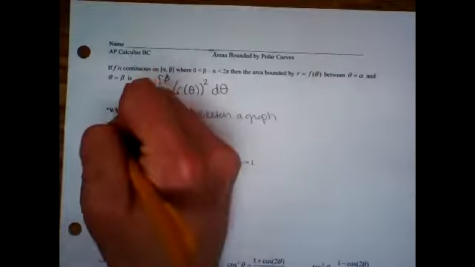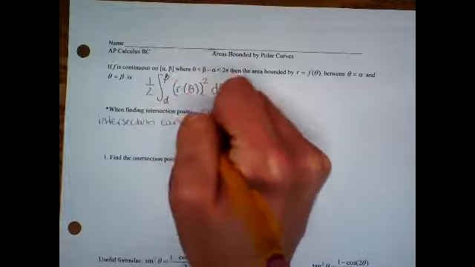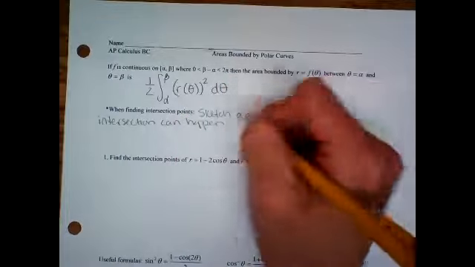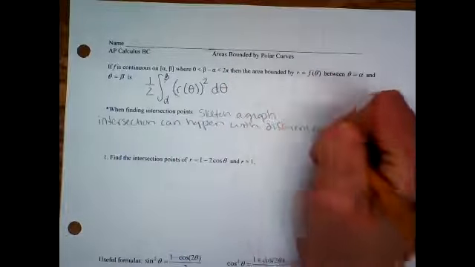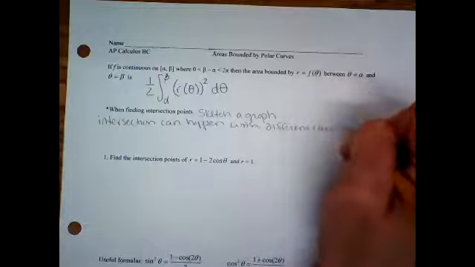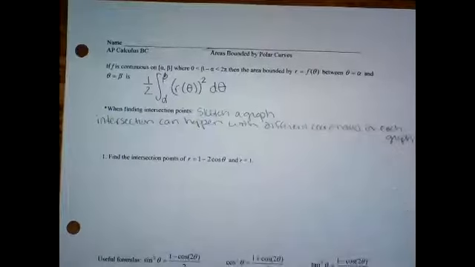And then the other thing I want to say about this, an intersection can happen with different coordinates in each graph. And I'm going to show you an example of that. It's strange, but you can have an intersection that's a different amount of rotation for each of the graphs.